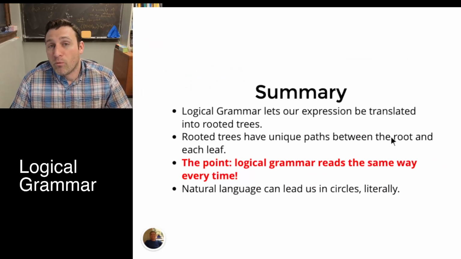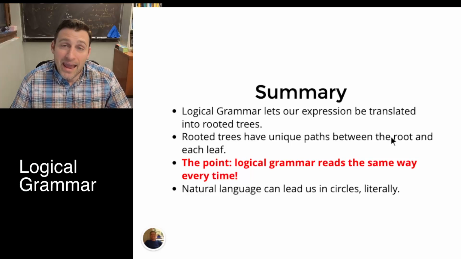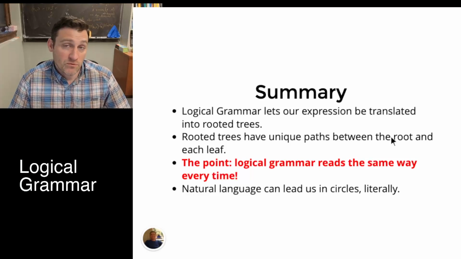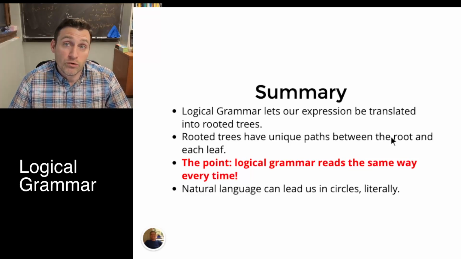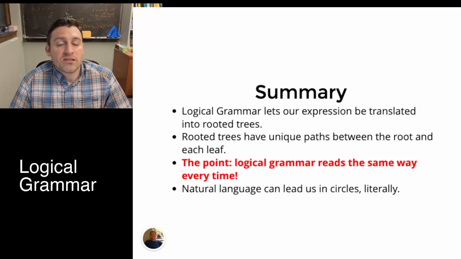Every grammar that we will encounter for logic can be translated into these rooted trees. So that's enough. And once we have a rooted tree, the feature of that is that there's a unique way to get from the root to every leaf. So no one can misunderstand what we're trying to say. That's the point of putting a grammar here. If you move to natural language, the circumstances might lead you into circular reasoning.